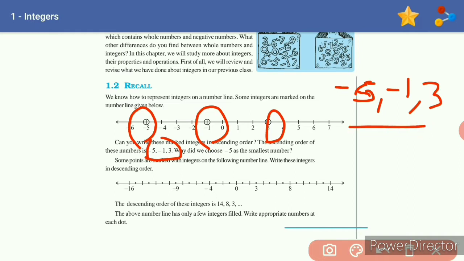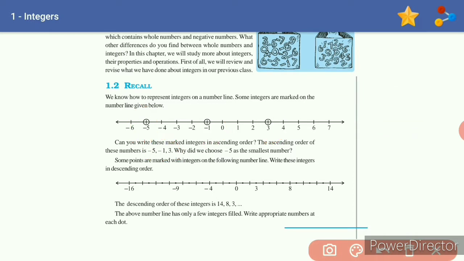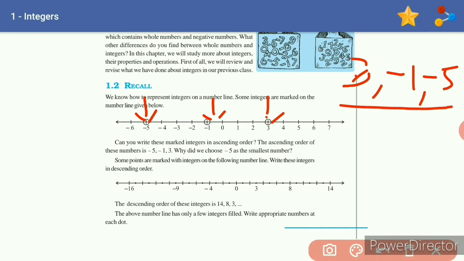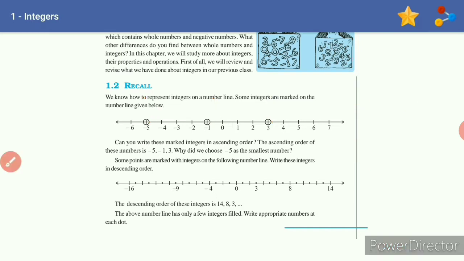So we can easily arrange the numbers in ascending order as well as descending order. If we want to arrange the numbers in descending order, first the bigger number, then the smaller number, and then the smaller number. So this is descending order and this is ascending order. Very simple.